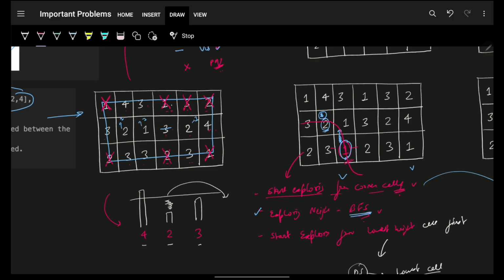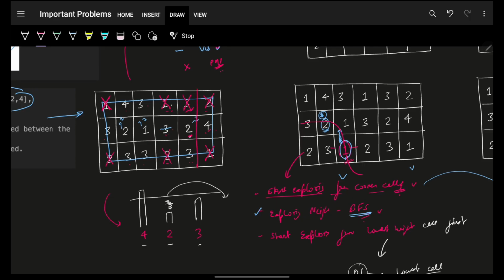Then this 3 will say, okay bro, you are my neighbor, you came up, which means that I was the first person in your surroundings, and you are my neighbor which is not yet visited, which ultimately means that I am your smallest neighbor.